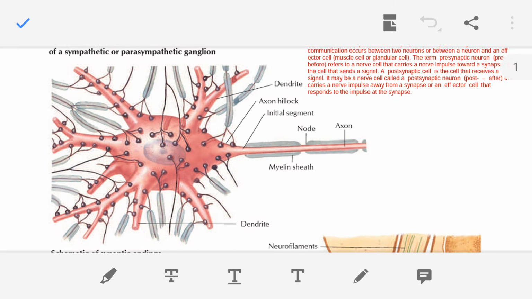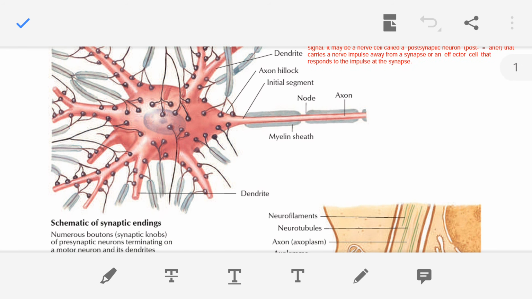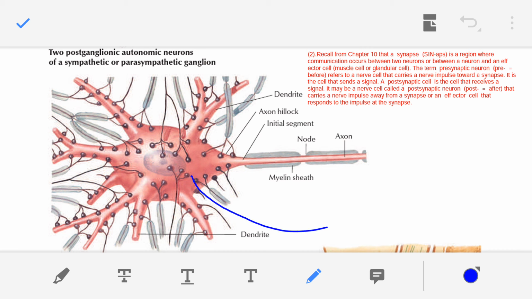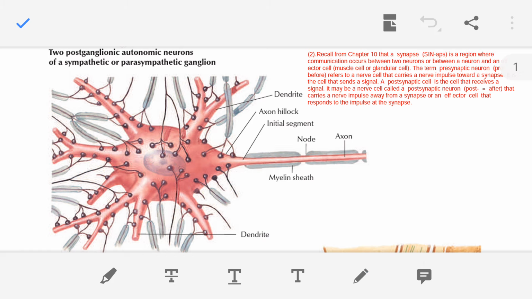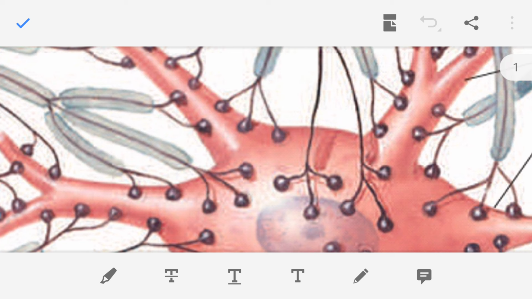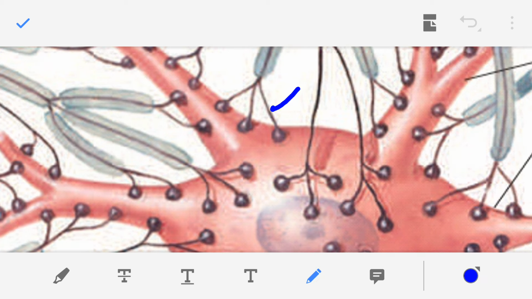Now in this figure, this red cell is the postsynaptic neuron, and with this cell numerous presynaptic neurons are forming synapses.